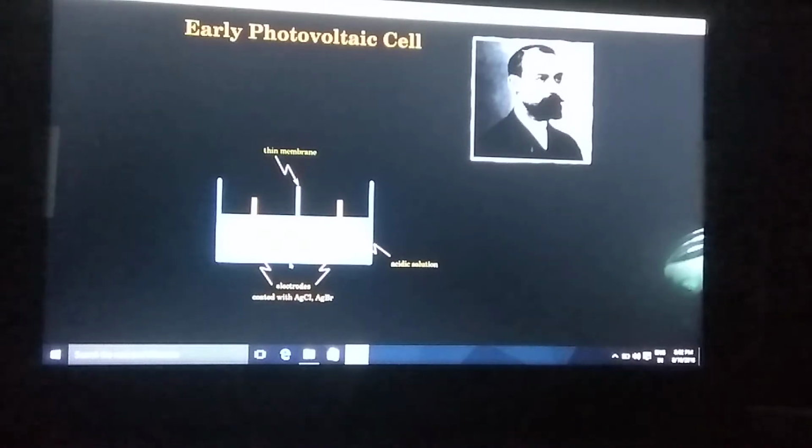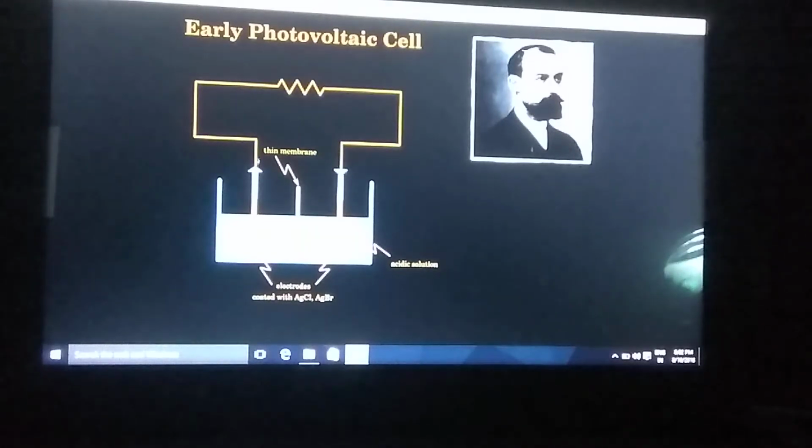He placed a thin membrane in between and connected the external circuit to the two electrodes in this fashion. And then he shone light onto the electrodes, and he found that there was an electric current flowing through the external circuit on the application of light. He experimented with blue light, ultraviolet light, and sunlight, and recorded his observations on all these things. So this was the earliest photovoltaic cell that you can find.